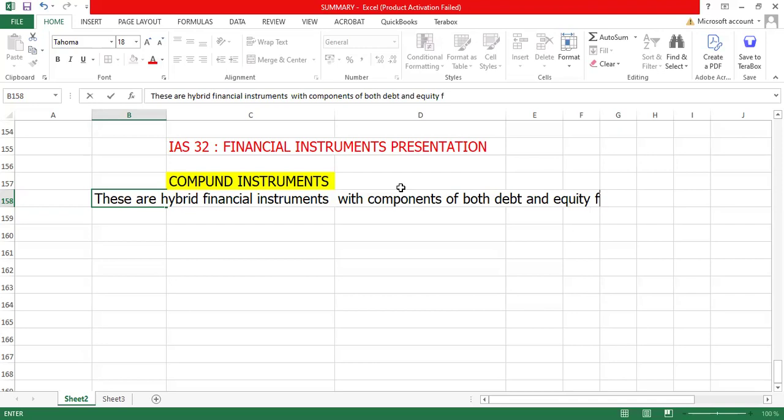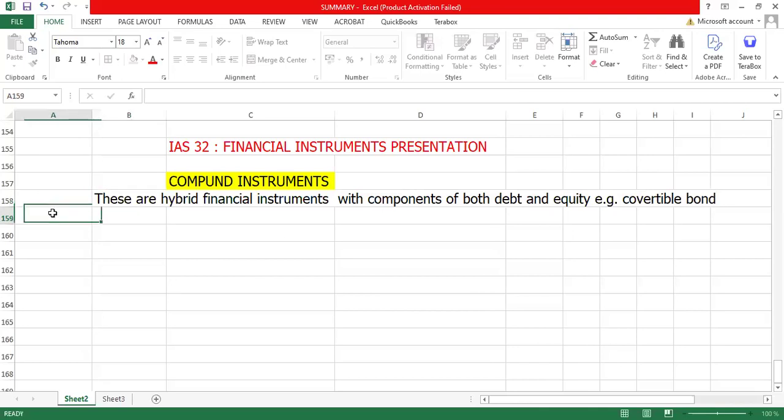For example, like what? Like a convertible debt, convertible bond, convertible debenture, convertible term loan, among others.